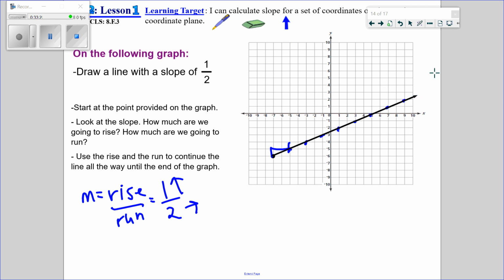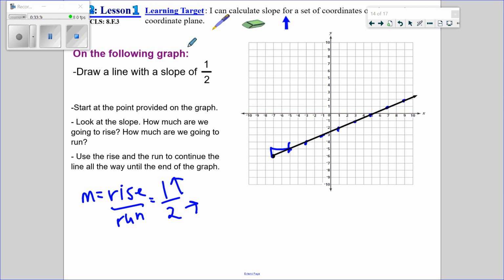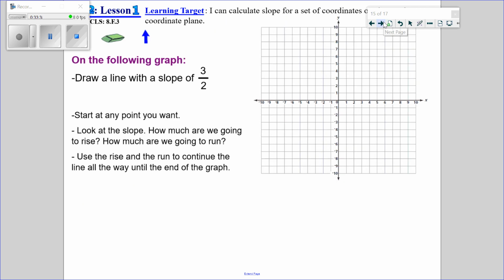And you make sure you put an arrow at the end because that means it goes on to infinity. Now I'm going to go back to my ink because we're going to do the next one now. So now we'll go to the next slide.